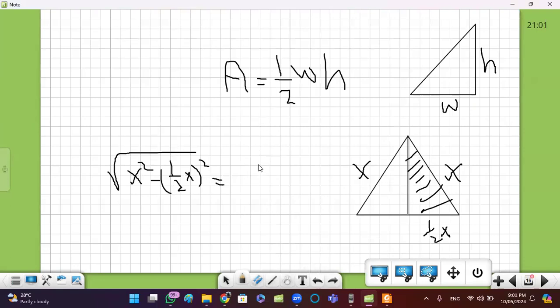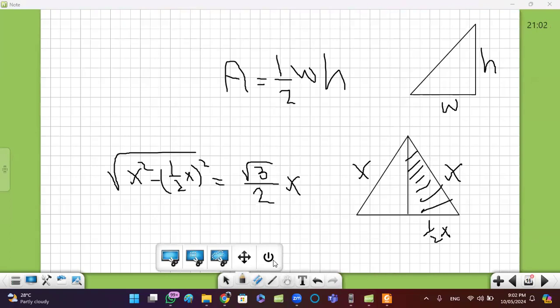So it will be 3/4 X squared, so I write root 3 over 2 X. Okay? So I didn't understand. How is it root 3? Okay. Square root of 3 over 4 X squared.